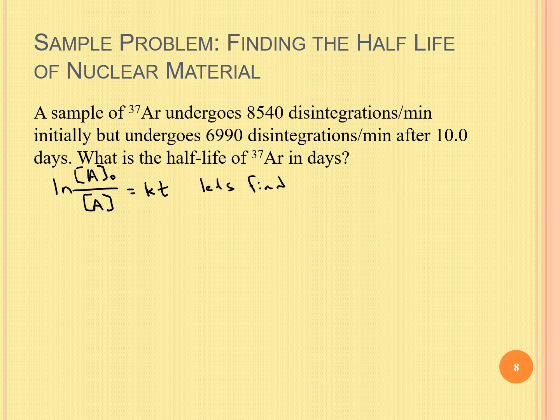We're going to find k, then get our half-life. So we've got the natural log of 8540 divided by 6990 is equal to k times, well, we have 10 days.